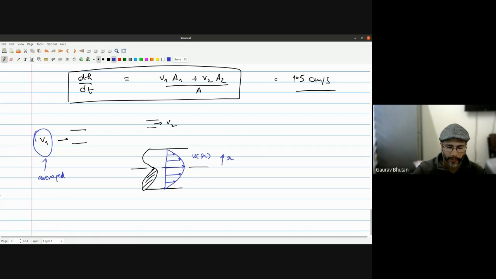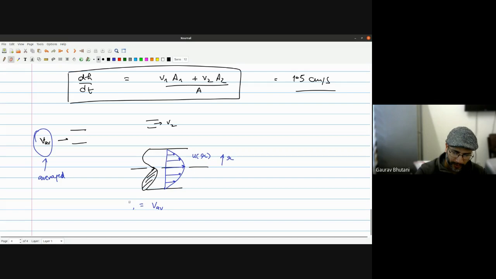Okay, so what do we need? Ultimately, all we want to talk about through this average velocity is a volume flow rate. Okay, that's the aim. So what we are trying to calculate is the volume flow rate, and the way we calculate that is, we say that it's the V average. So we are trying to identify an average velocity.